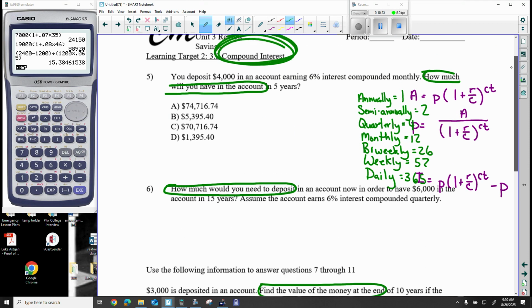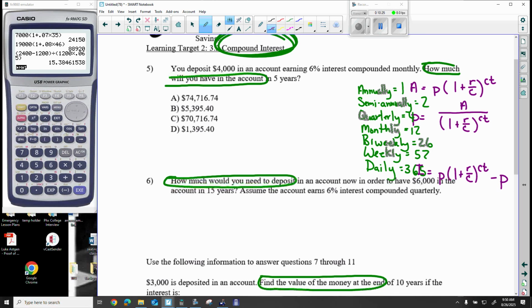All right, back to the beginning. How much will you have in the account? So how much will we have at the end? That's going to be P(1 plus R over C) to the CT. What we need is the principal. How much do we start with? We just deposited 4,000.